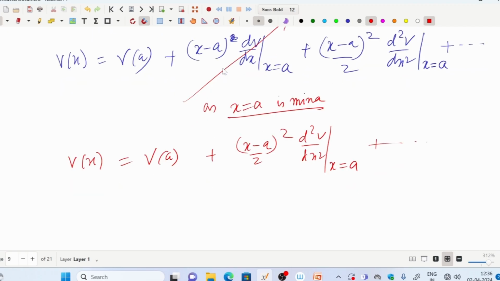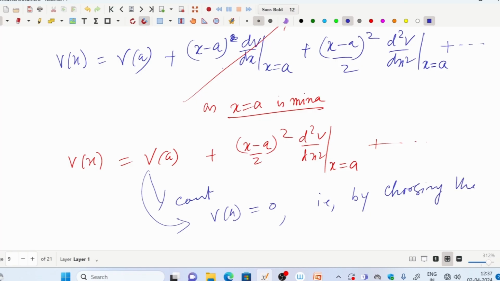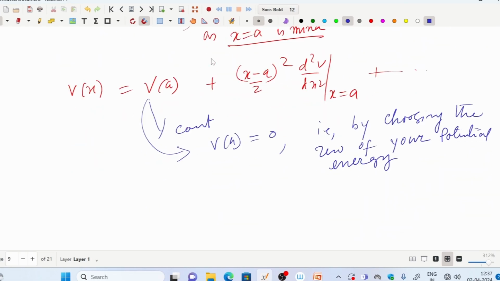Now V(a) is a constant term, and without any loss of generality, you can consider V(a) to be 0, by choosing the zero of your potential energy. This we can always do.